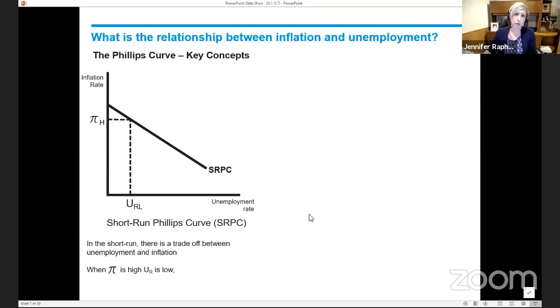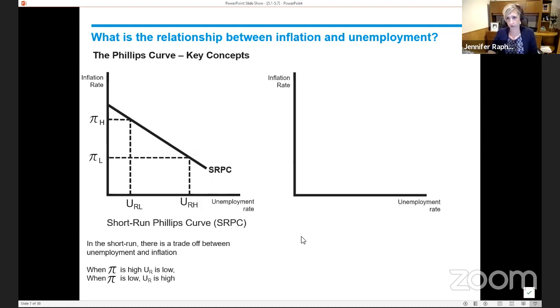A point on the curve with a high level of inflation corresponds with a low rate of unemployment. The reverse is true as well. When the inflation rate is low, the unemployment rate is high. You can find a point on the Phillips curve that shows that. Here we are establishing this inverse relationship, and the short run Phillips curve shows that in the short run, this trade-off exists.